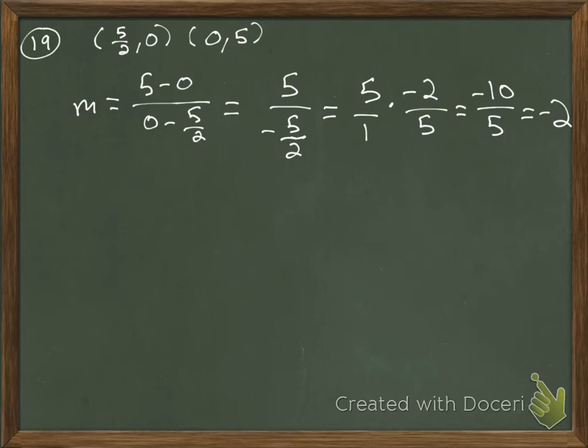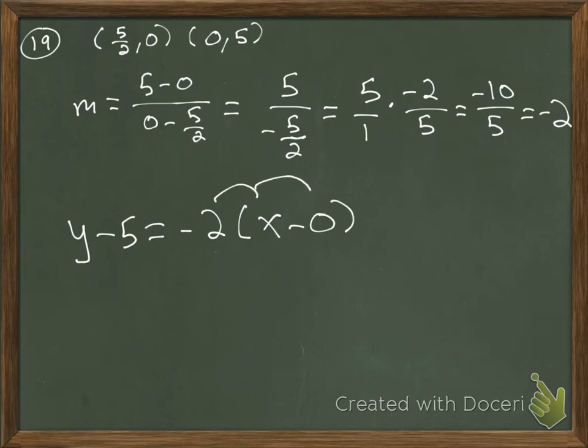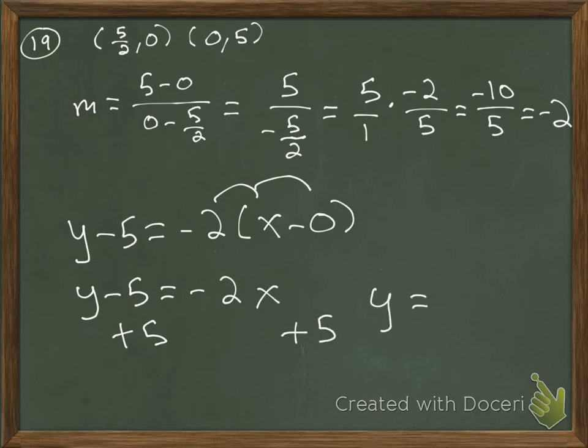I'm going to use the point 0, 5 in point slope form just because it's not a fraction. So I'm going to do y minus 5 equals -2 times x minus 0. Distribute the -2. Y minus 5 equals -2x. Add 5. We get y equals -2x plus 5.